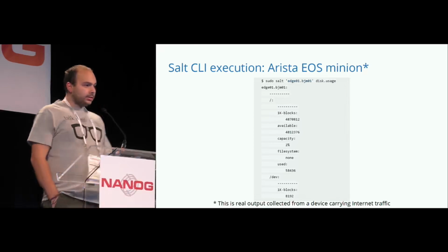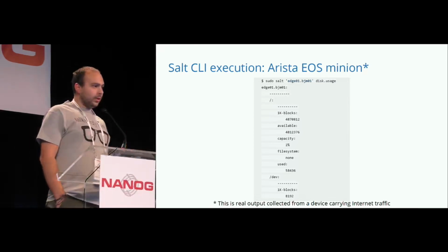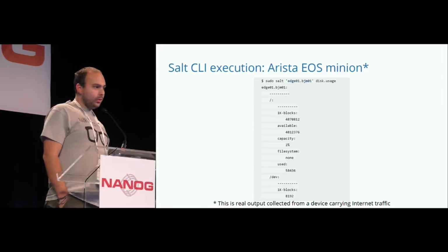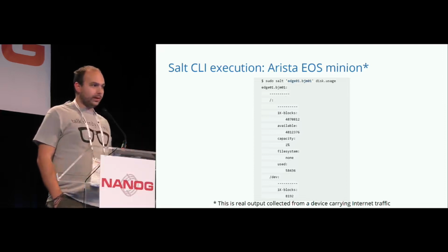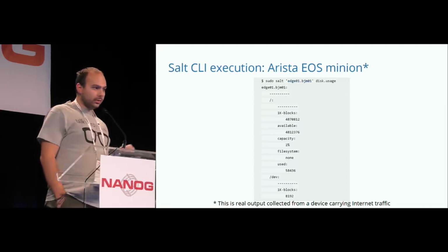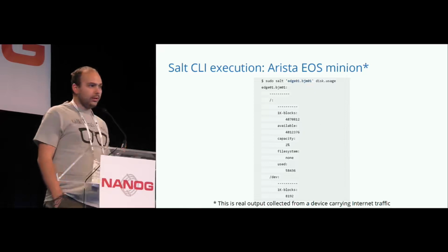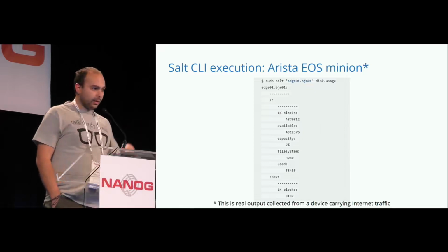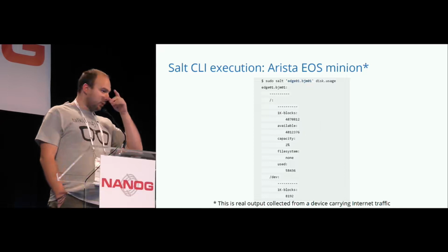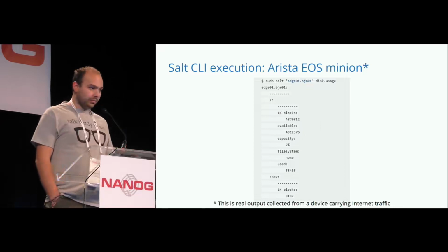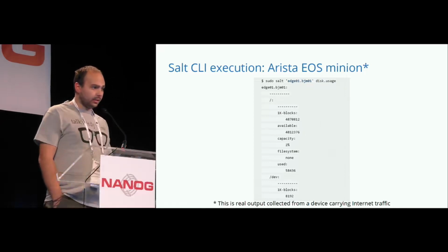And this is not limited to only certain commands. You can do absolutely anything you can do on a server on your network device, meaning you can manage files, you can look into the memory usage, you can edit files, you can see the CPU usage and many other things. You basically have no limitations. What you can do on a server, you can do exactly the same on the network device.